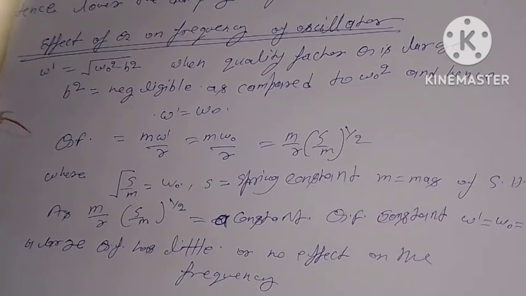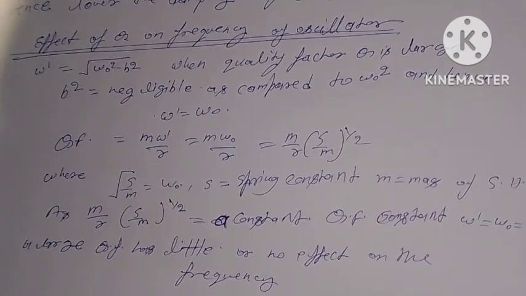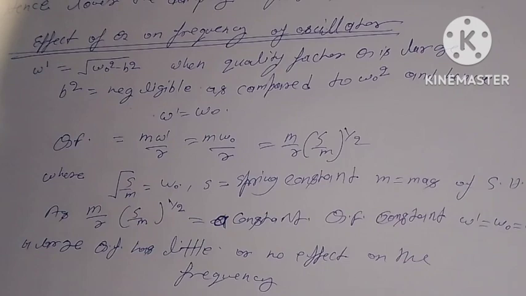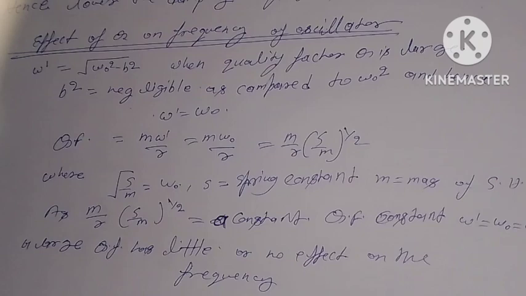That means the value of omega dash is given by omega dash equal to under root omega naught square minus b square when the damping is small, or in other words, the quality factor is large. b square is negligible as compared to omega naught square, and hence omega dash equal to omega naught. The quality factor Q equal to m omega dash by r, m omega naught by r, because omega dash equal to omega naught.